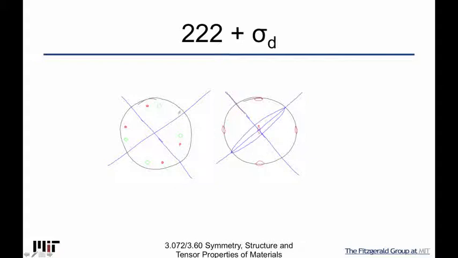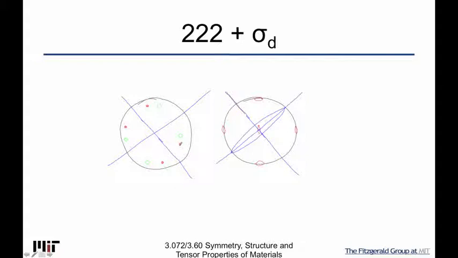Remember how you can imagine taking this couplet, or looking at each one individually, it doesn't matter, but I can rotate it over, right? And then I'd have a red here and a green over here.